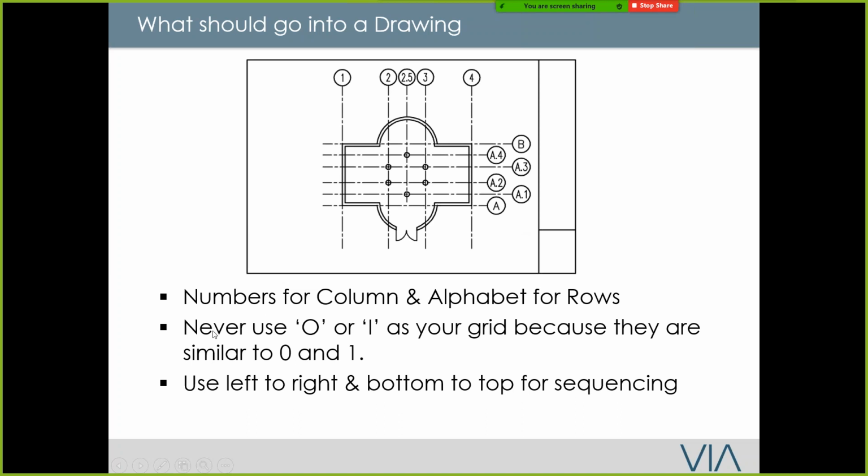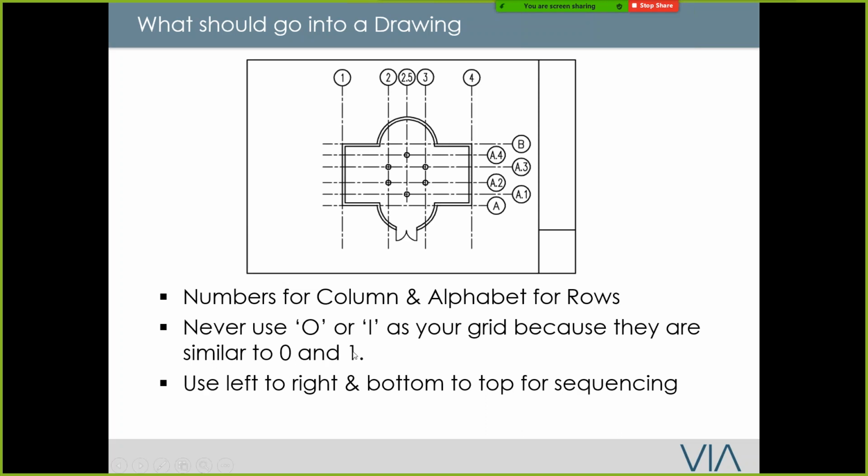Now, for grids, what we typically don't use are O and I. That's a bad thing, because they're very similar to 0 and 1. So just keep in mind, when you're doing a grid, you have to skip O and I. Just skip it and move on to the next one. That's just a drawing convention, because I've seen cases where people get confused between these.